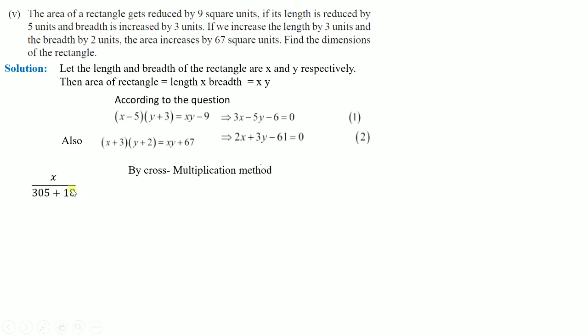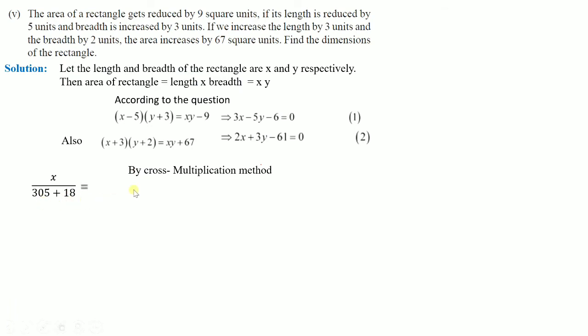For that, x upon, directly I am writing here, the direct multiplication: minus 5 into minus 61, minus into minus is plus, 61 into 5 is 305, and then from downwards to upward, minus into minus plus, 6 3s are 18, so both are positive.